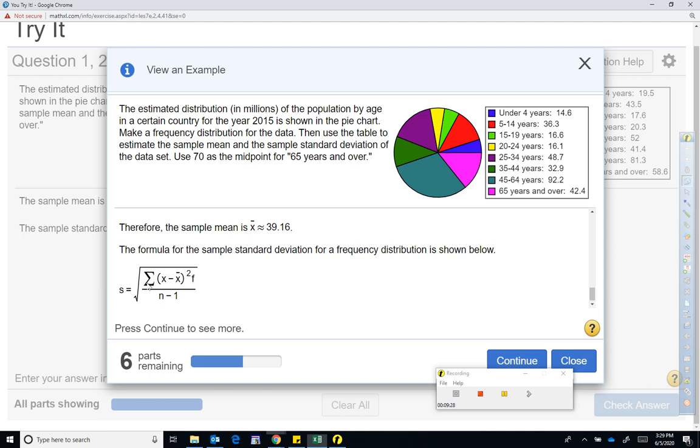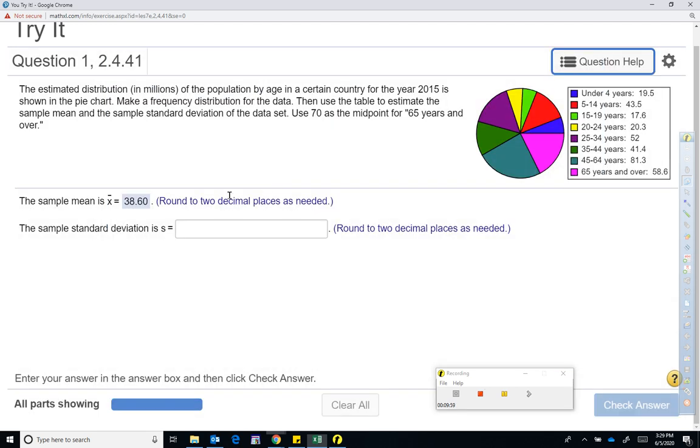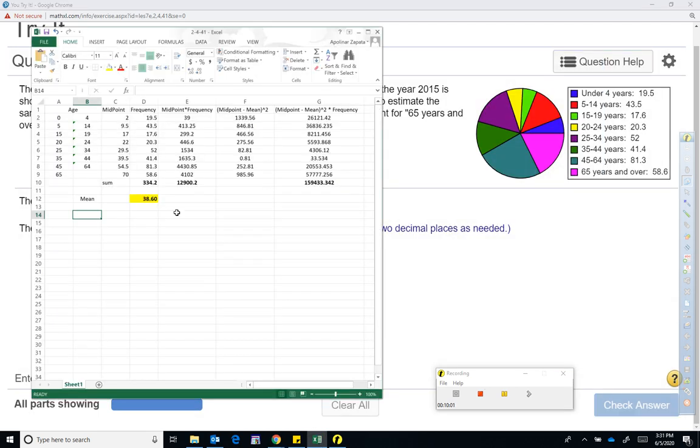Then we need to add this symbol, this is the summation. We need to add all the results and divide by n minus 1. Remember that n is the sum of the frequency. So to the sum of the frequency, we subtract 1, and then take the square root of that result. That is going to be the standard deviation. So manually it's going to be complicated, but here it is not too much.